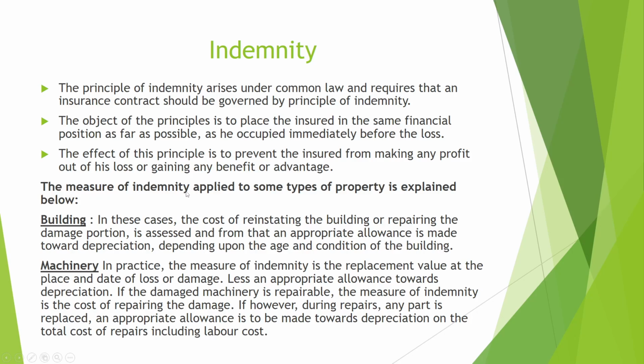The measure of indemnity as it applies to some types of property is explained below. The first type of property is building. In these cases, the cost of reinstating the building or repairing the damaged portion is assessed, and from that an appropriate allowance is made towards depreciation, depending upon the age and condition of the building.